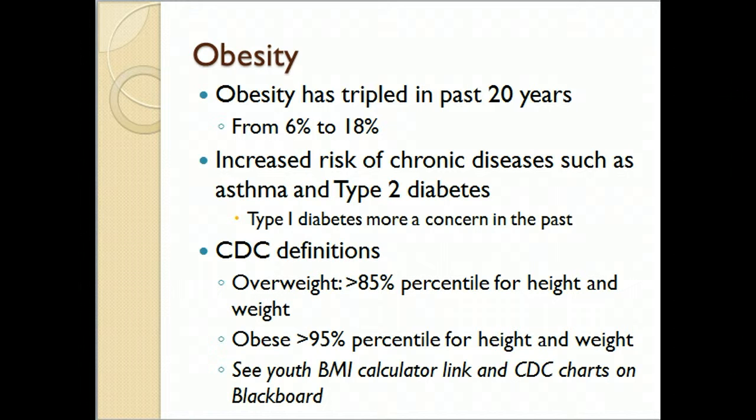What we're going to be doing in class is using the BMI calculator link and the CDC charts that are available as part of your case studies, because I want you to be able to do this for kids. So overweight for kids is defined as above the 85th percentile for height and weight, and obese is above the 95th percentile for height and weight.